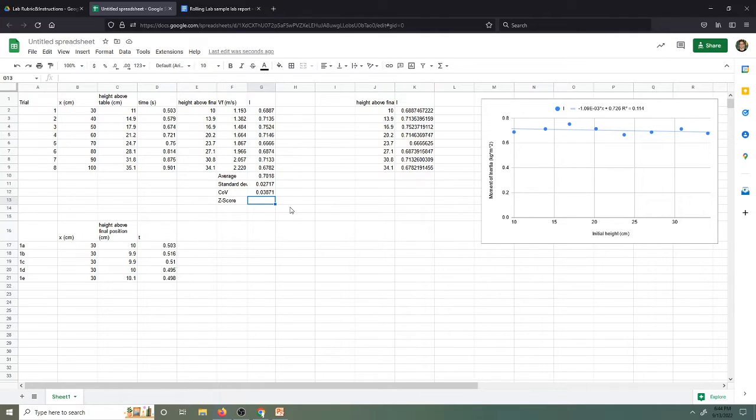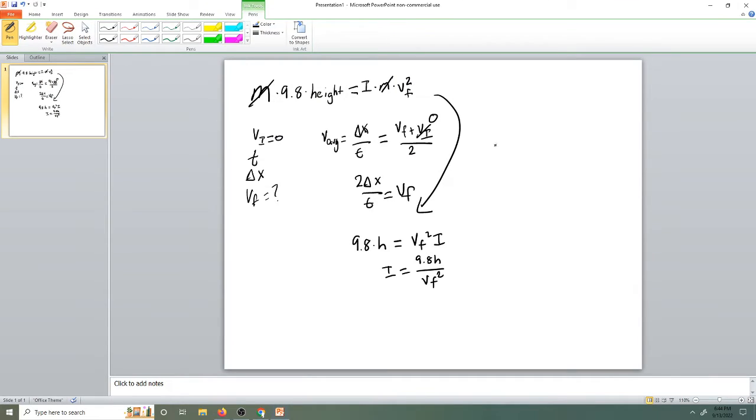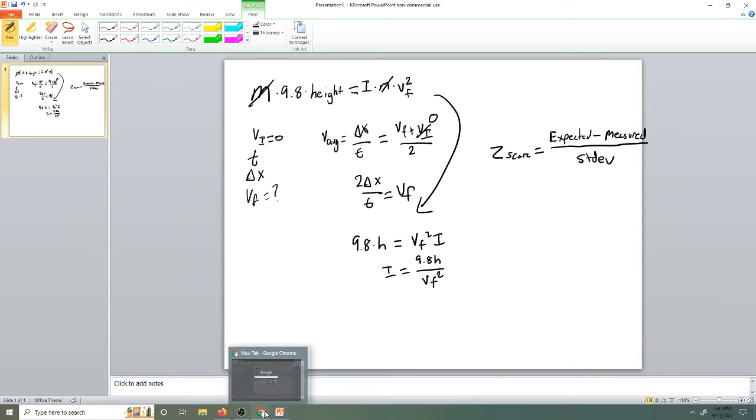All right, next up we have the z-score. This lab requires a z-score. Not all of them do. In fact, I'm going to do a confidence interval as well, even though a confidence interval is not necessary for this lab, but this is what you would do for it. A z-score is simple. A z-score is equal to expected minus measured, divided by the standard deviation. I know what my expected value is.